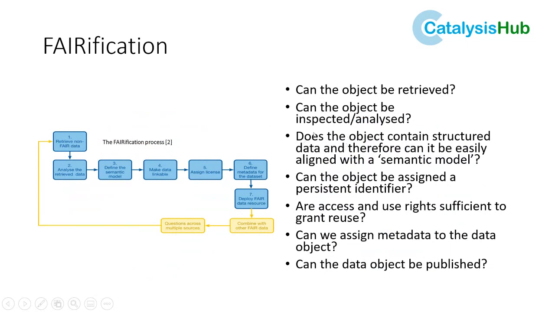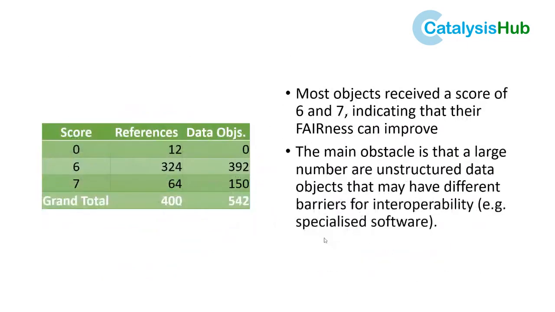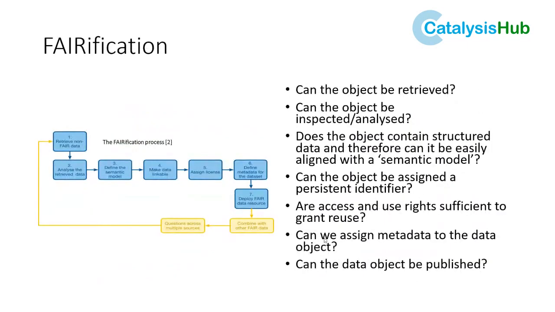If the data is structured and can be easily aligned with a semantic model, then it passes to the next part. So having these 7 points, we also scored 1 point to our objects, asking, can we carry out all these activities and then verify or make our data fair?